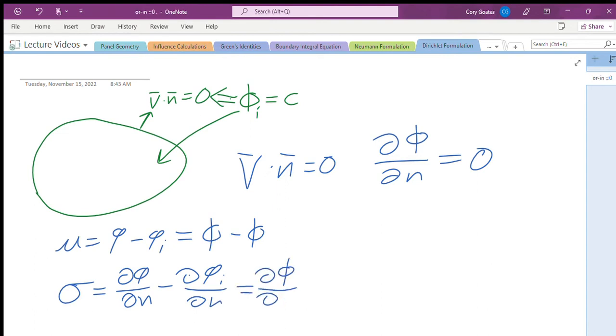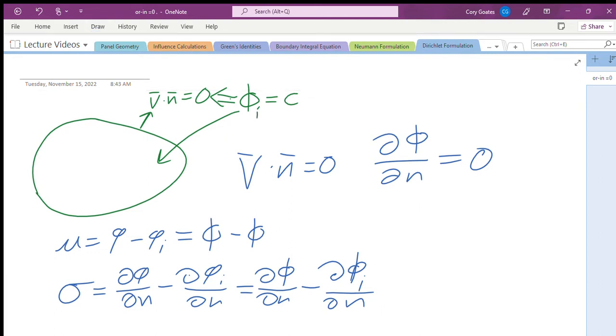Oops, that's supposed to be a capital phi. Okay, and for this formulation we're choosing not to deal with sources. So we have that this is everywhere identically 0.